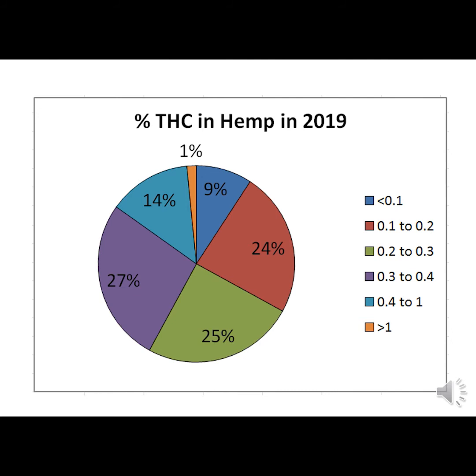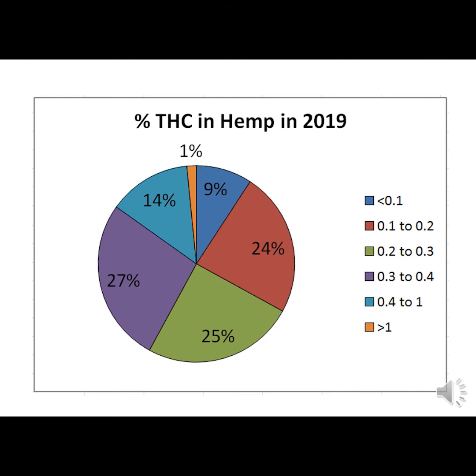The increase in the number of plants testing higher in THC in 2019 compared to 2018 can be due to a number of different factors. One may be that in 2019, farmers were using seed that was not adequate.